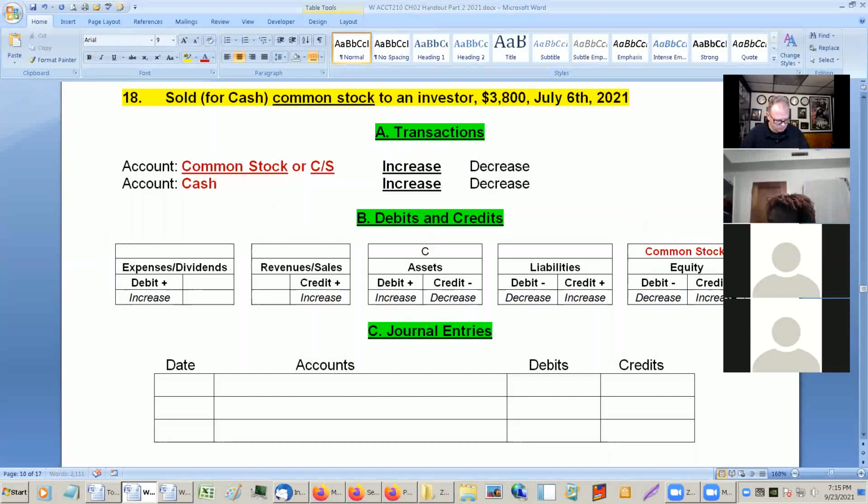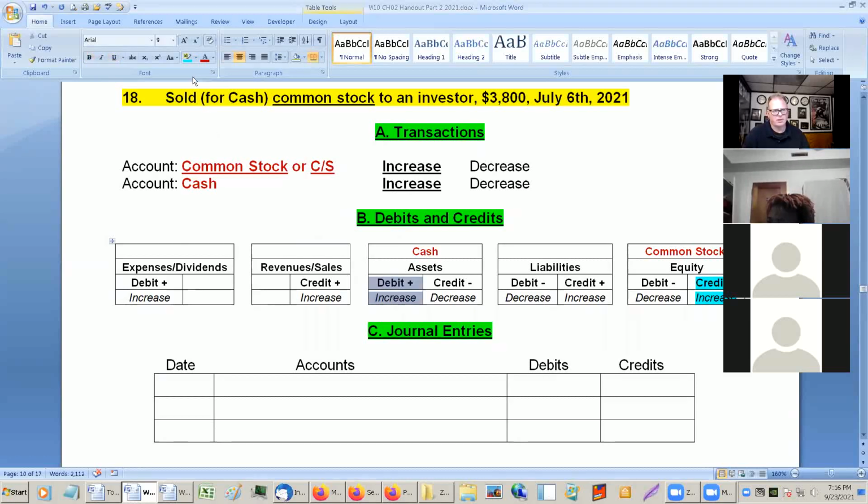Cash is an asset. Assets increase with debit, common stock increases with credit. Common stock, equity, is it increasing with a debit or credit? Credit. Cash is increasing with debit.